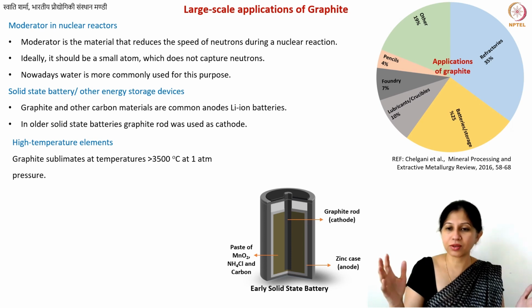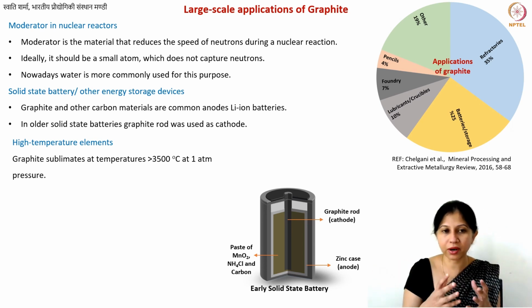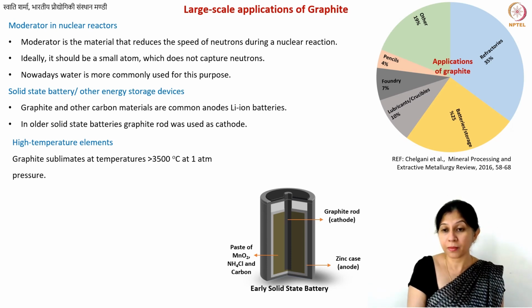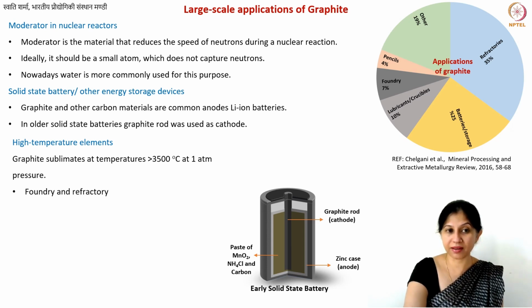That gives us a good window. Most of our common applications do not go to that high temperature. So for all practical purposes, all manufacturing applications, graphite can withstand a lot as compared to other materials, for the cost that it has, it can actually be used for a lot of high temperature elements manufacturing.